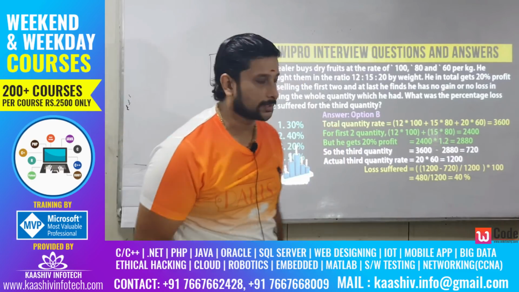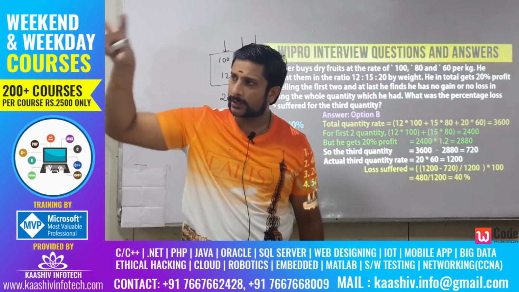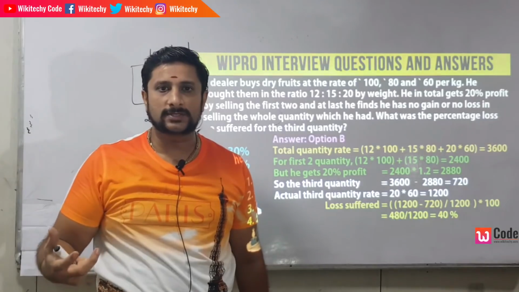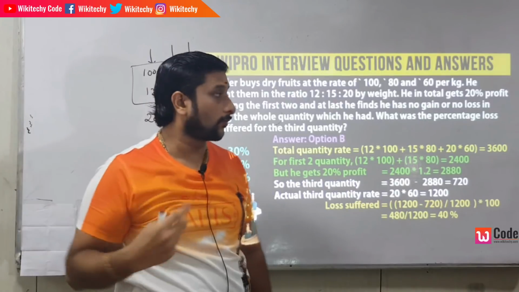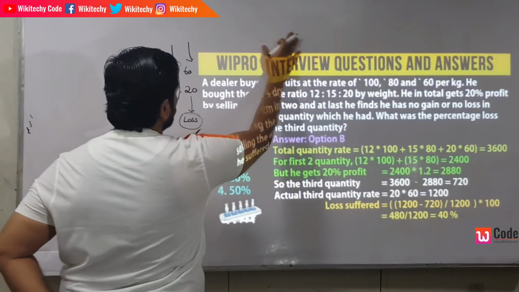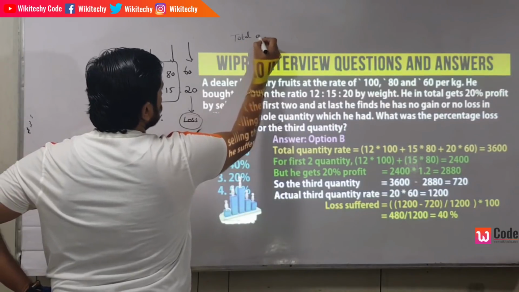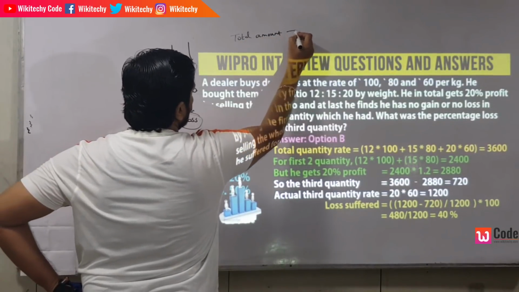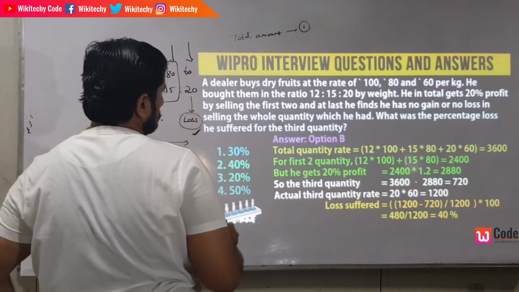So let's solve it. This is the logic. The total amount I've invested, I need to find it. That's the first thing: the total amount the dealer invested.